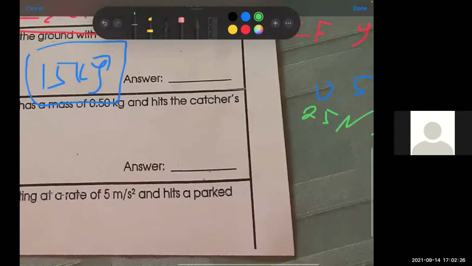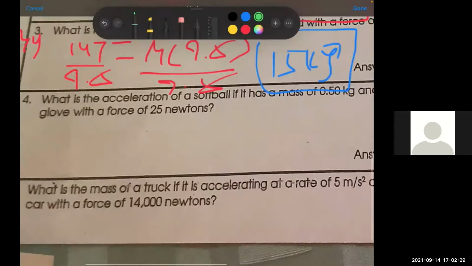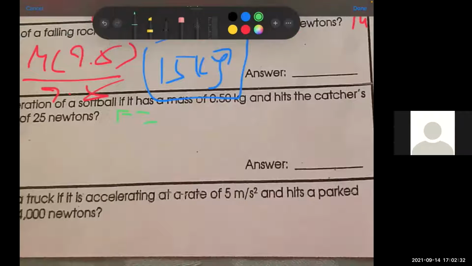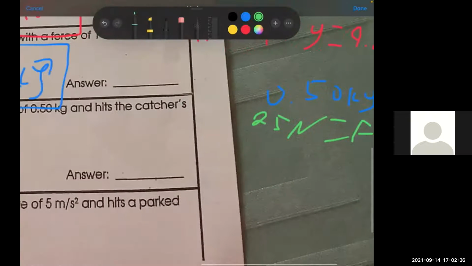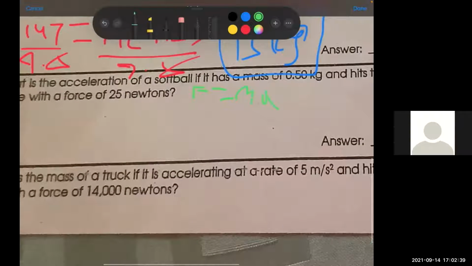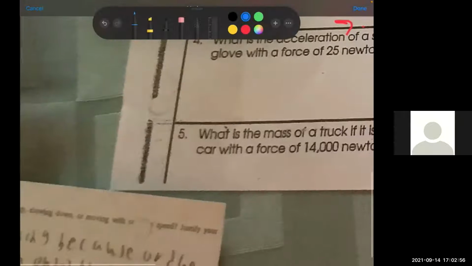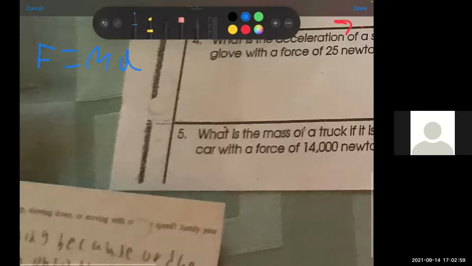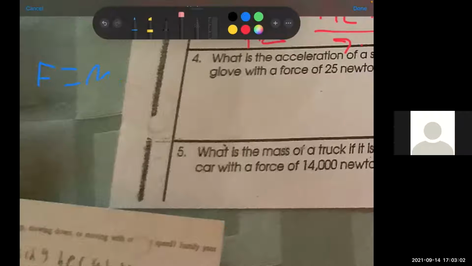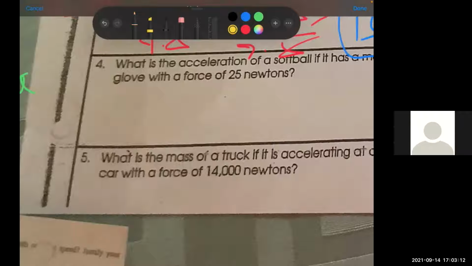So again, force equals mass times acceleration, F equals MA.